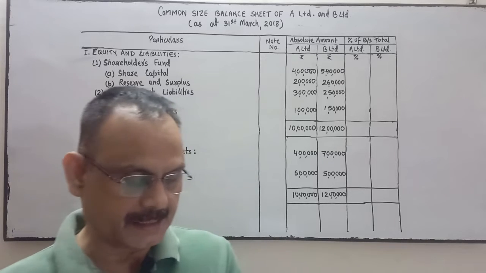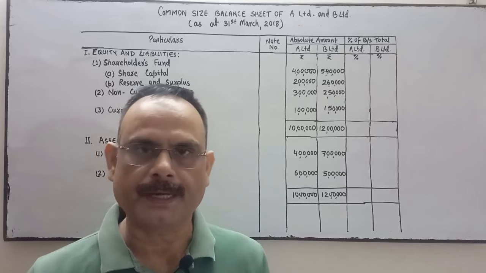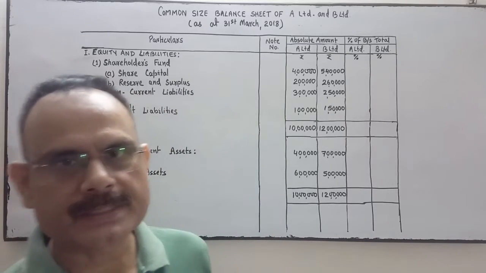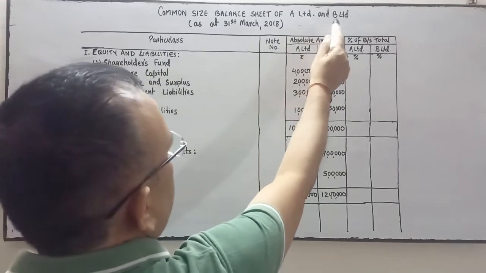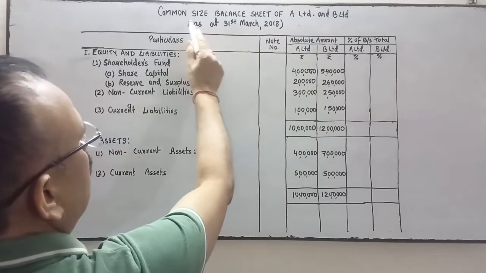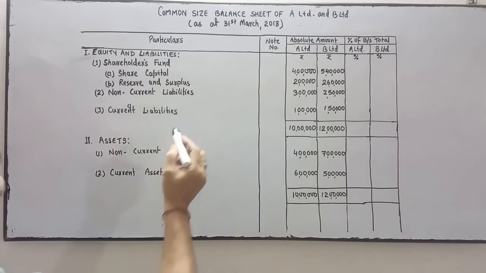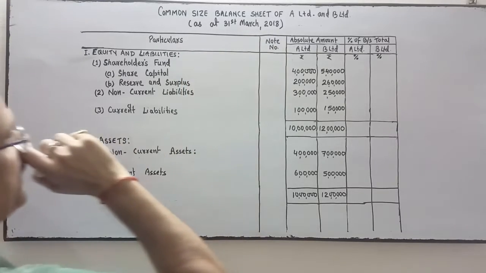The balance sheet is given in the prescribed format as per Schedule 3, Part 1 of the Companies Act 2013. So the heading will be common size balance sheet of A Limited and B Limited as at 31st March 2018.